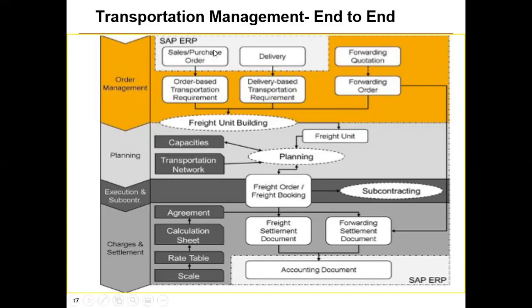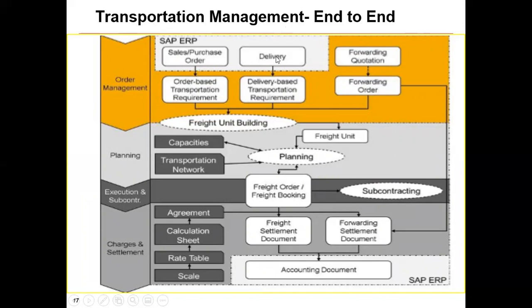Whatever I have discussed today, starting from the beginning of these sessions, that sales order or purchase order involves an order based transportation requirement, the OTR. Similarly, delivery involves a delivery based transportation requirement, the DTR.